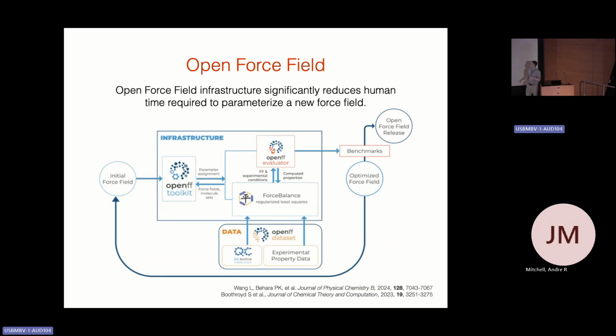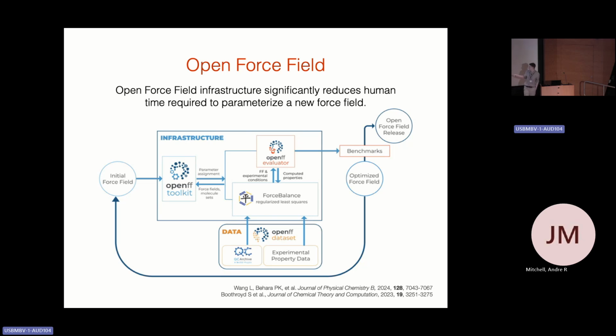So I need to dig in a bit more into the infrastructure. So if we start on the left-hand side here, we might have some initial force field. So we can use the toolkit to assign parameters to a bunch of molecules. We can use the Open Force Field Evaluator package to model properties of those molecules, and also gradients of those properties with respect to the parameters.